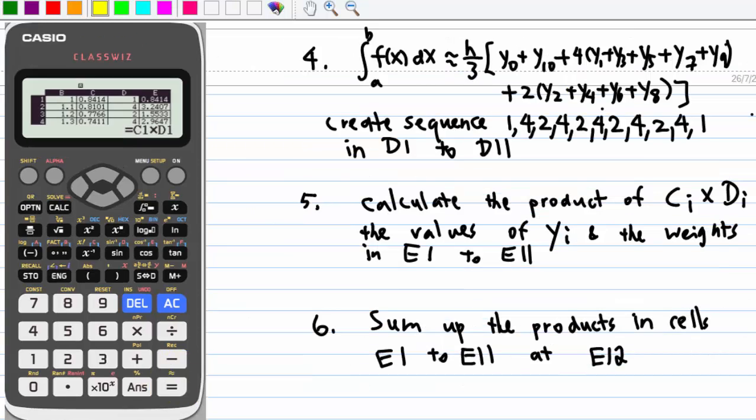Next, I'm going to sum up the products in cells E1 to E11 and store the result in E12.